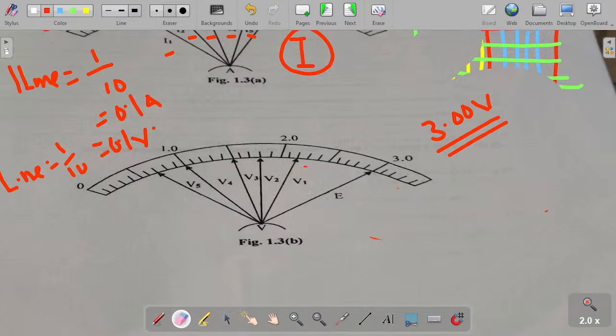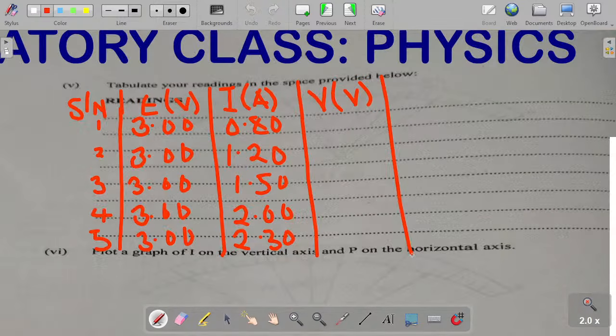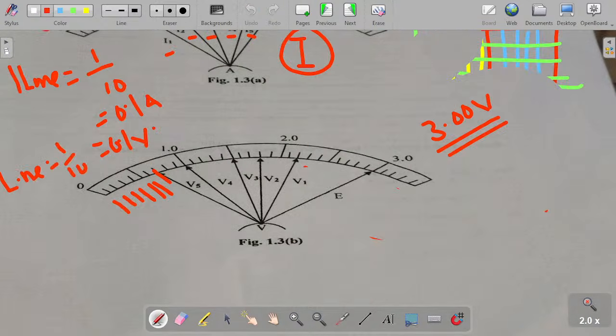Here a line is 0.1: 0.1, 0.2, 0.3, 0.4, 0.5, 0.6, 0.7. So my V5 is 0.70. From there, I will go to V4, which is just pointing directly at 1.